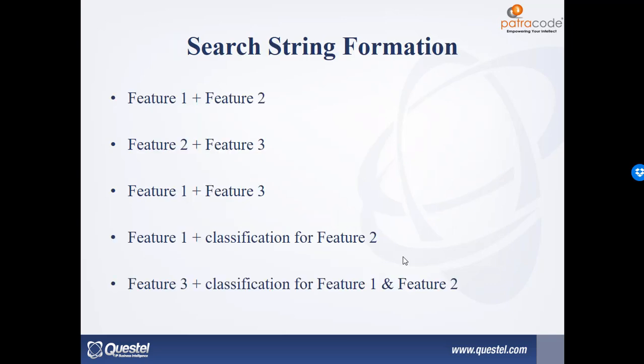Now let us come to the string formation. This is the most important aspect of the search process. The analyst needs to frame the strings very wisely so that he is not missing the usual hits, and also he is not making the strings such that the number of hits is too high. For that, we need to combine the features which we have already identified.